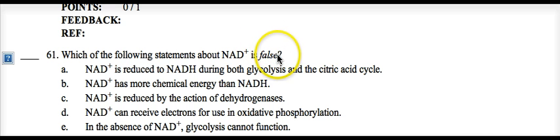I thought they were asking which was true, and they're asking which is false. This is something that can really trip you up in multiple choice exams, and it's always been hard for me. I hate questions like this, but unfortunately, in order to prepare you for the AP exam, we give you questions like this. All of the following are true except, or whatever.